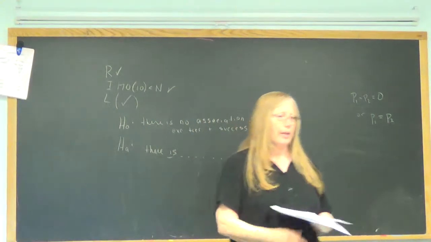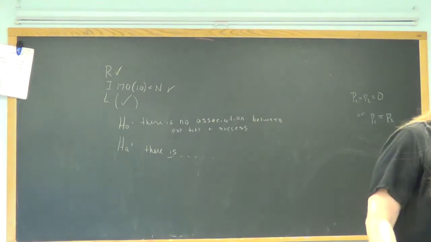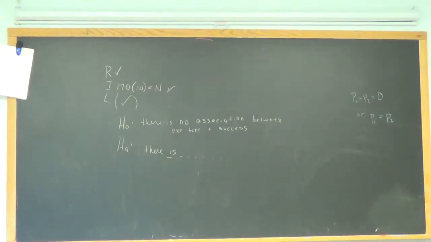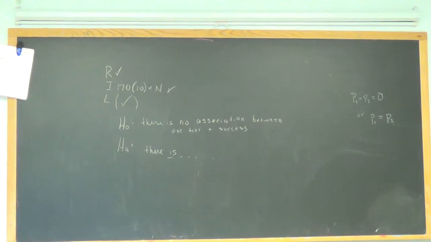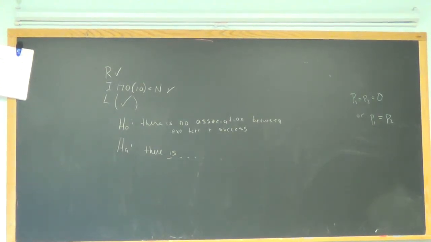What was your chi-squared value? And your p-value. It's okay. What about you? Where's your chi-squared for that one? Very good. All right. Find it. Where's your chi-squared? That's your p-value.